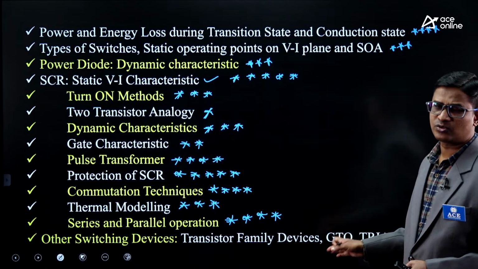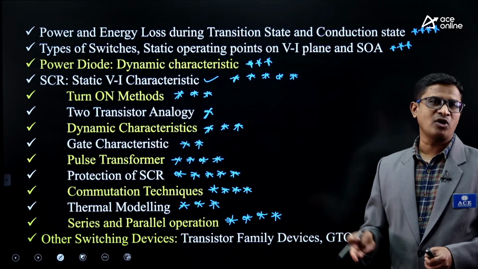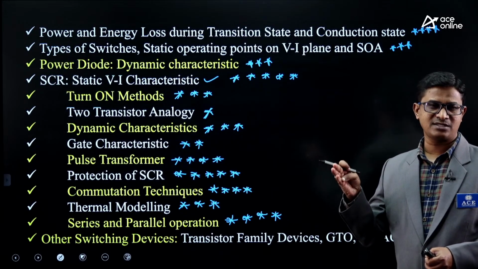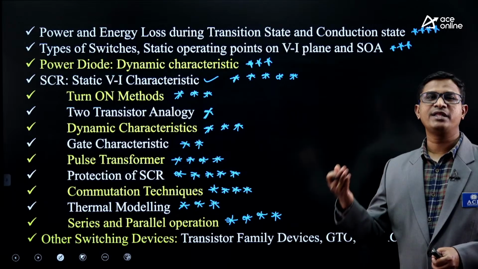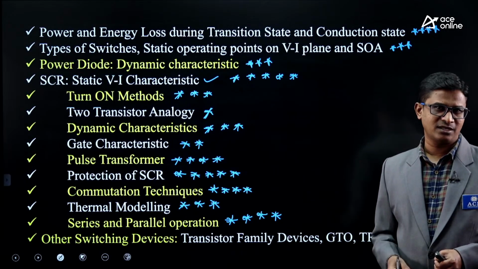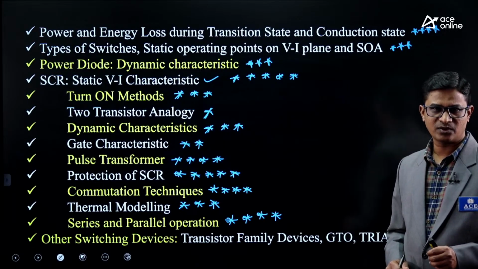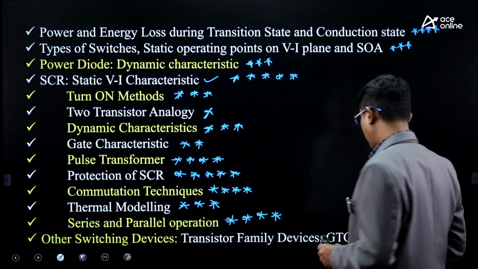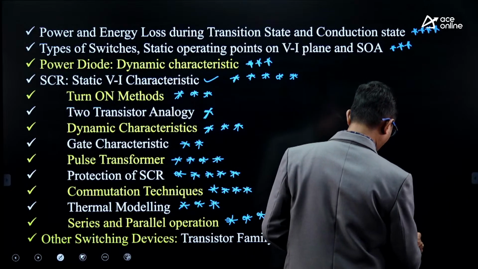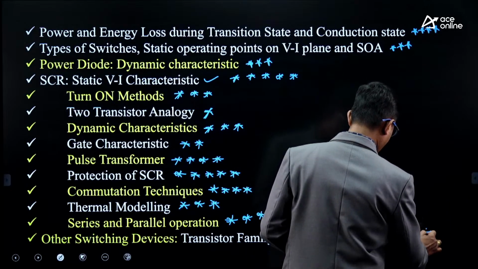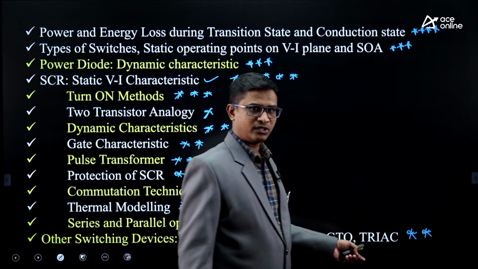Here, only related to these devices, the operating point location, which device is unipolar, unidirectional, bipolar, bidirectional, their construction, their operation, some theory bits are there. So I will give these other devices a 2 star rating.